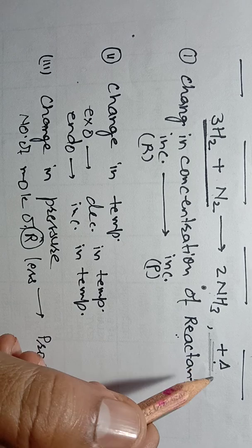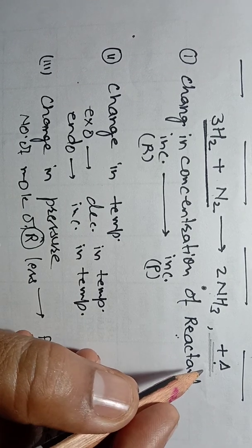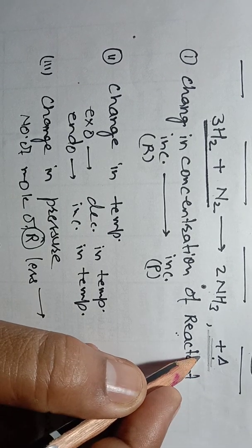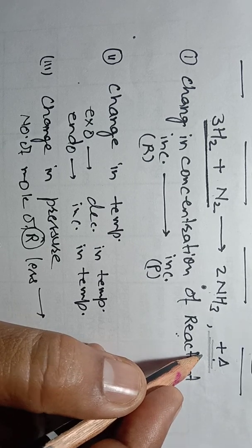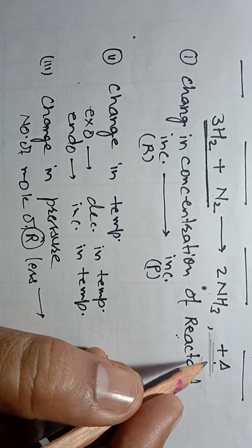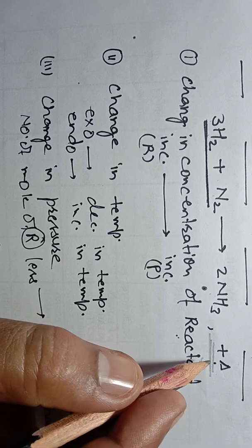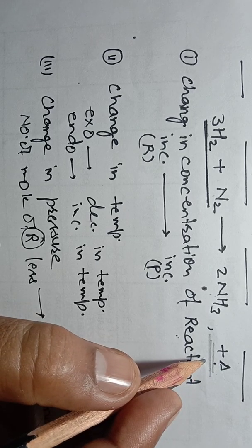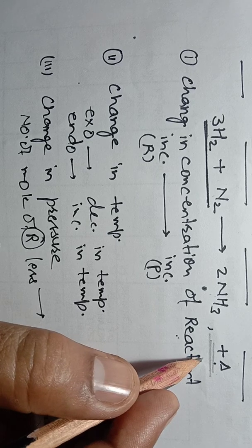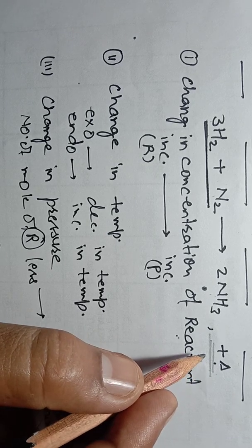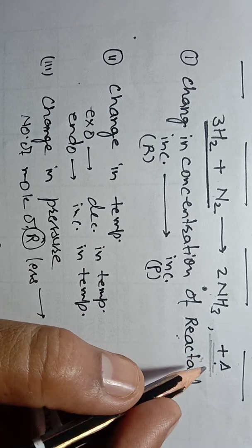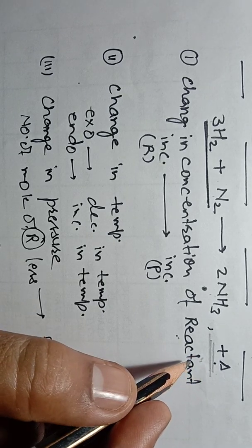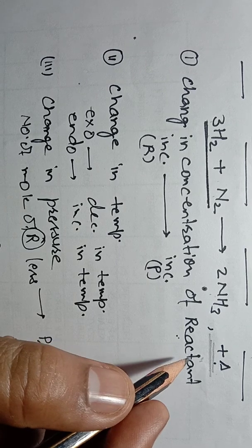Okay students, according to Le Chatelier's principle, we can change the external conditions of the reaction. By putting some change in external conditions of the reaction, we can have comparatively greater amount of the product.